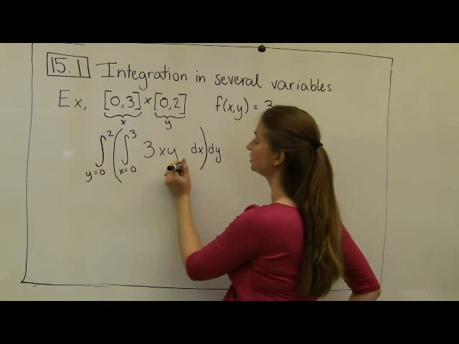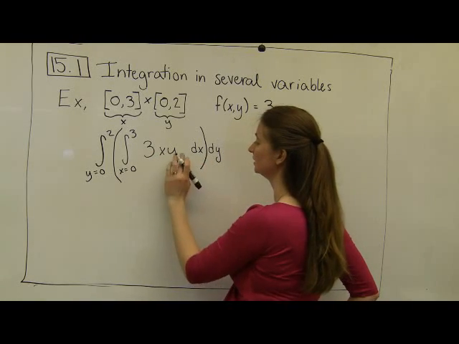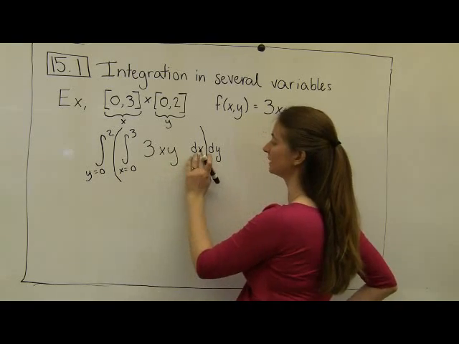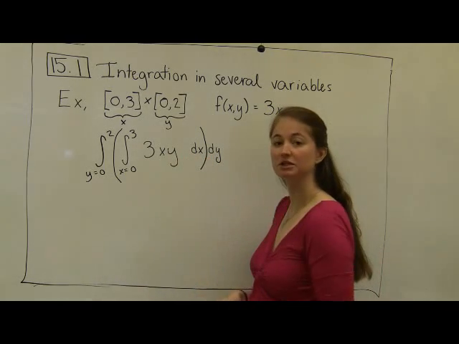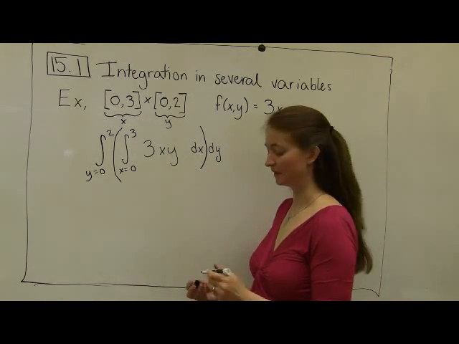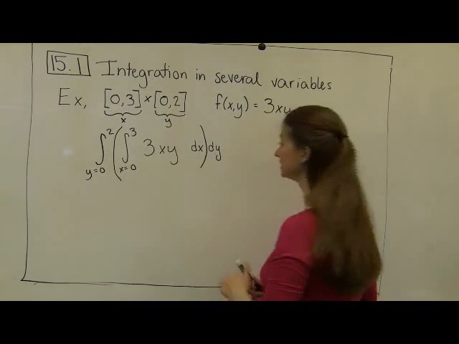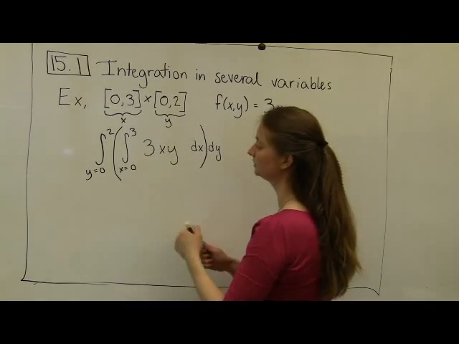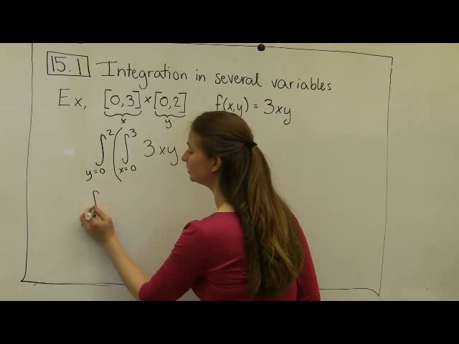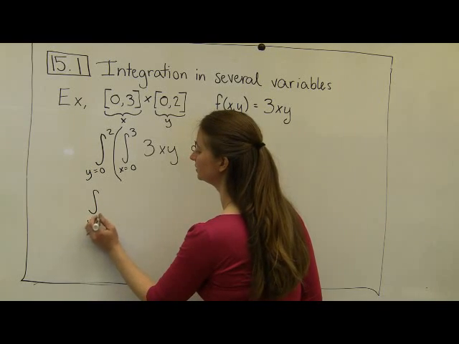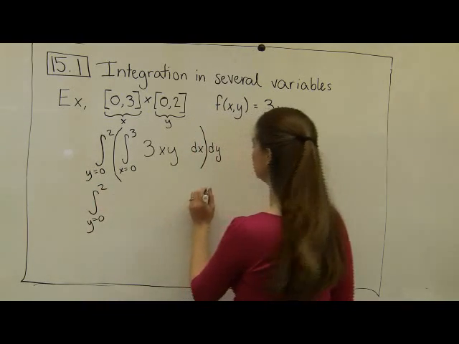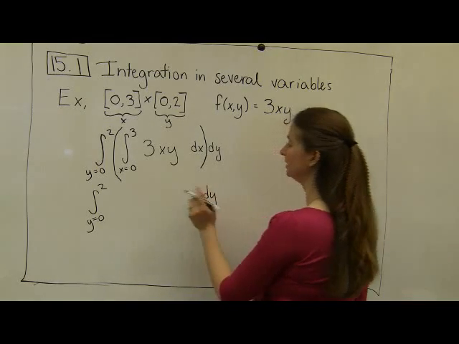In this case, I'm treating y as a constant, just like when we did partial differentiation. So when I integrate this inner portion, I'm leaving the outer portion alone. I'll just rewrite the outer portion, that y is still going from 0 to 2 dy.